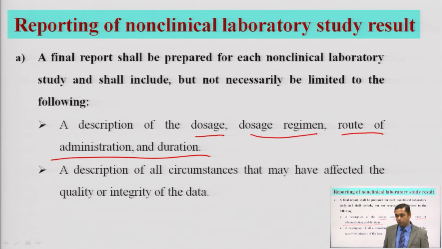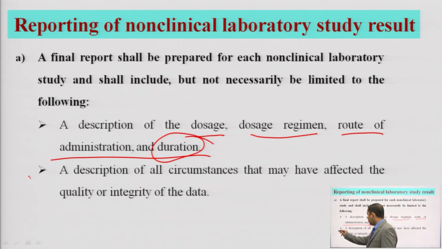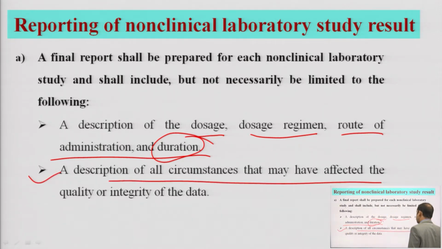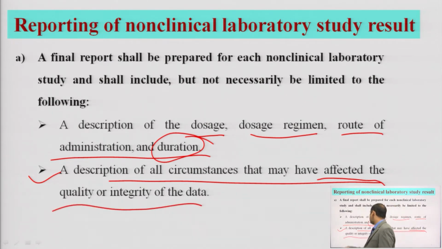Dose regime, how long, and route of administration, by which route you are going to give, oral route or other kinds like intravenous, subcutaneous, and the duration, for how long. And a description of all the circumstances that may affect the quality and integrity of the data.